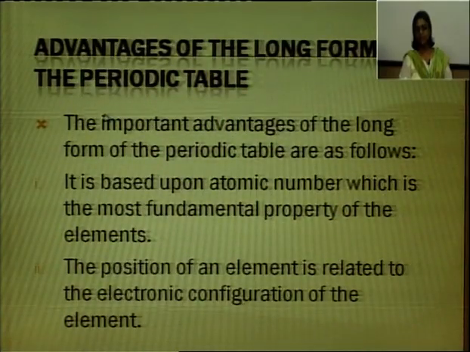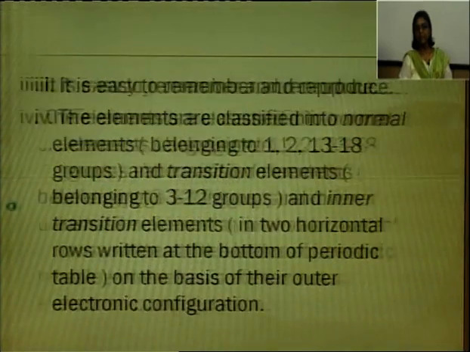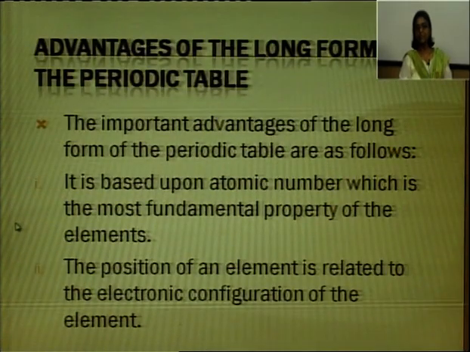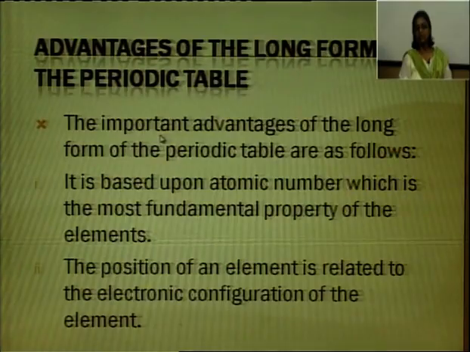Then the advantages of the long form of the periodic table, meaning why do we have this long form of periodic table, what are the advantages? The first is that it is based upon the atomic number, which is the most fundamental property of the element.